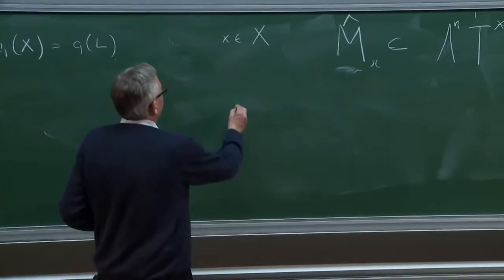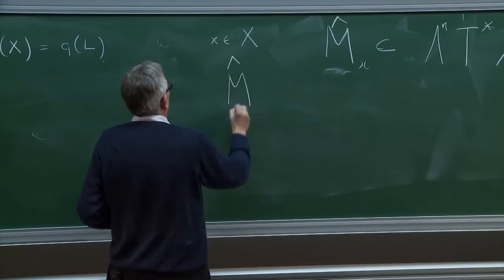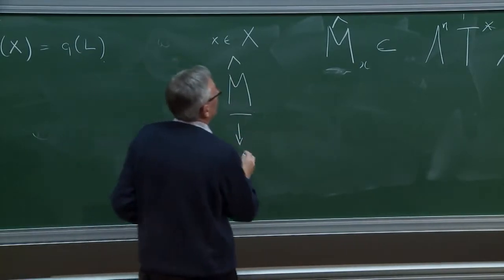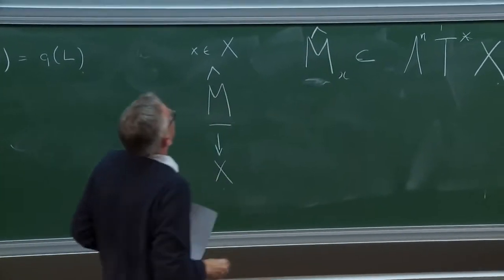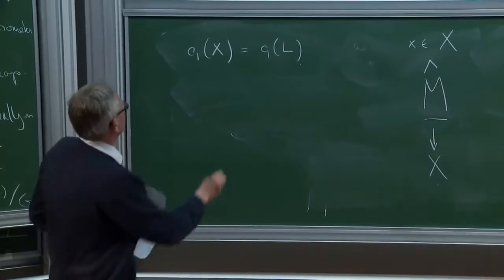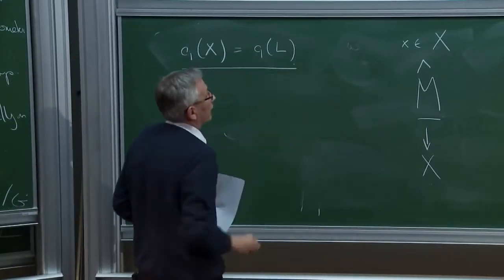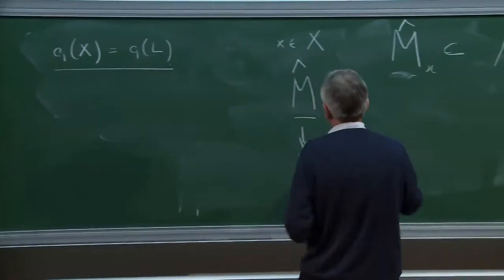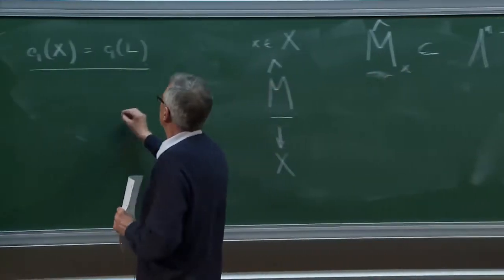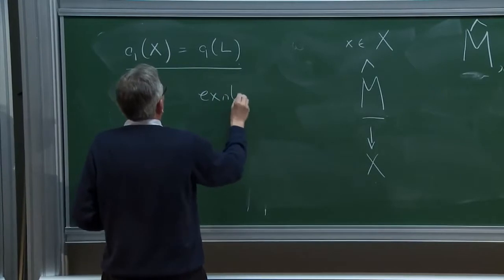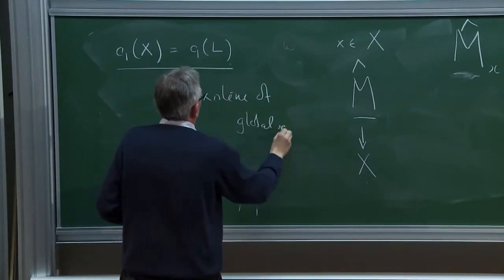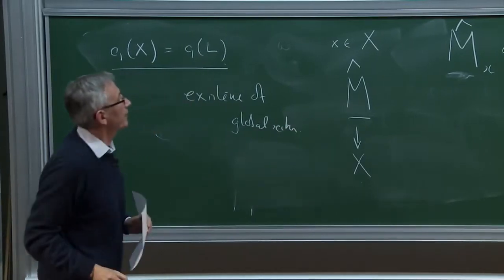So we get a bundle over X, with fiber this slightly extended space. And this is precisely the condition that there is a global section of this bundle. So it implies the existence of sections.